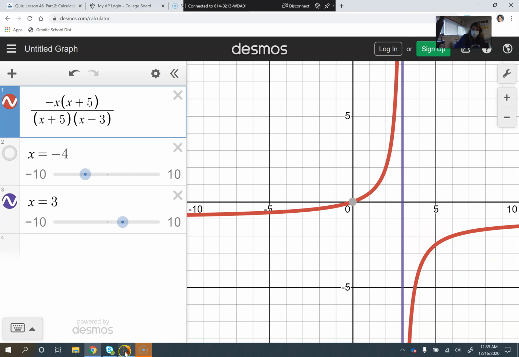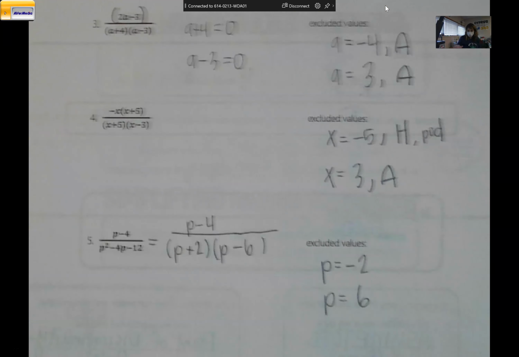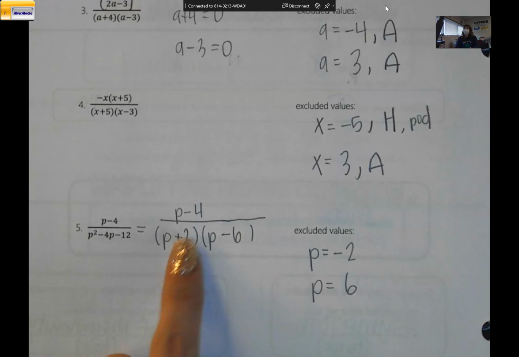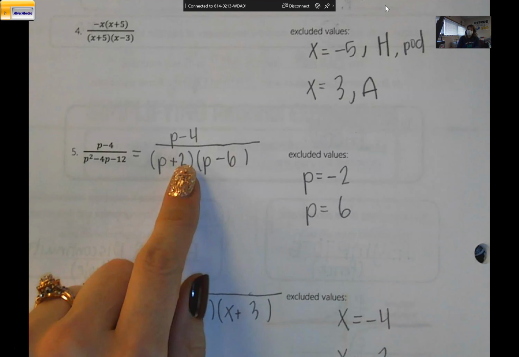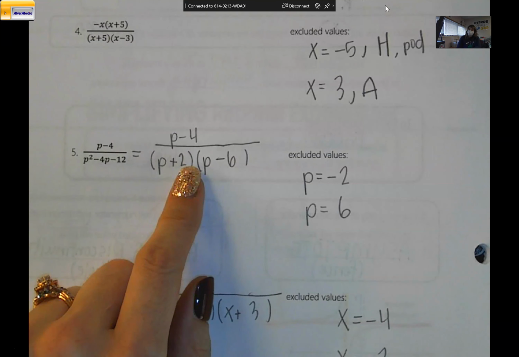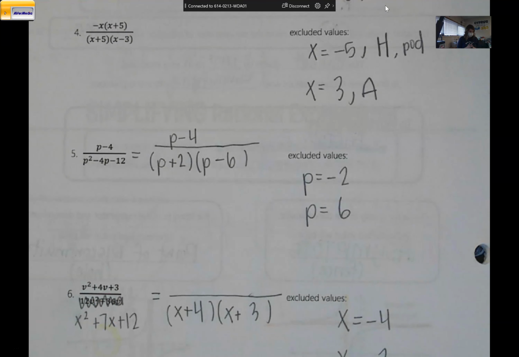Okay, so the next problem is where it takes one more step. Is it? Nope. It's factored. Okay, so you guys decide for this one because it's all the way factored out. What are your excluded values? Are they asymptotes or holes?